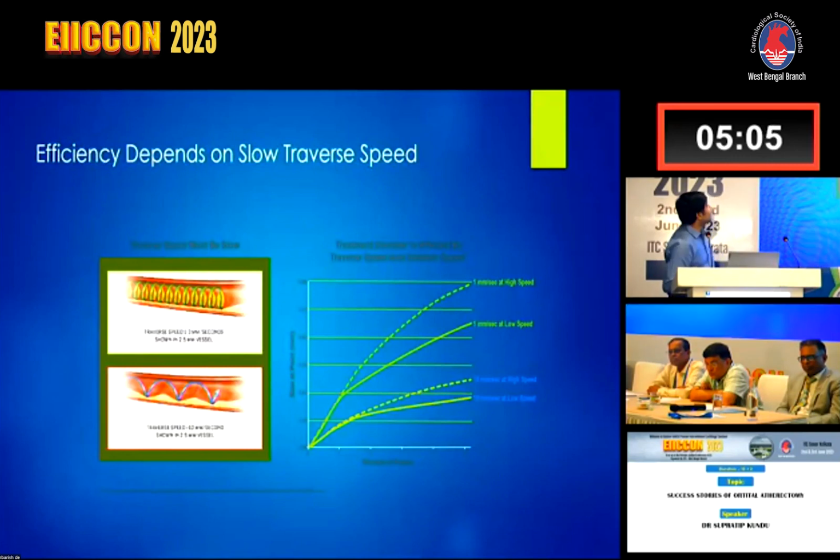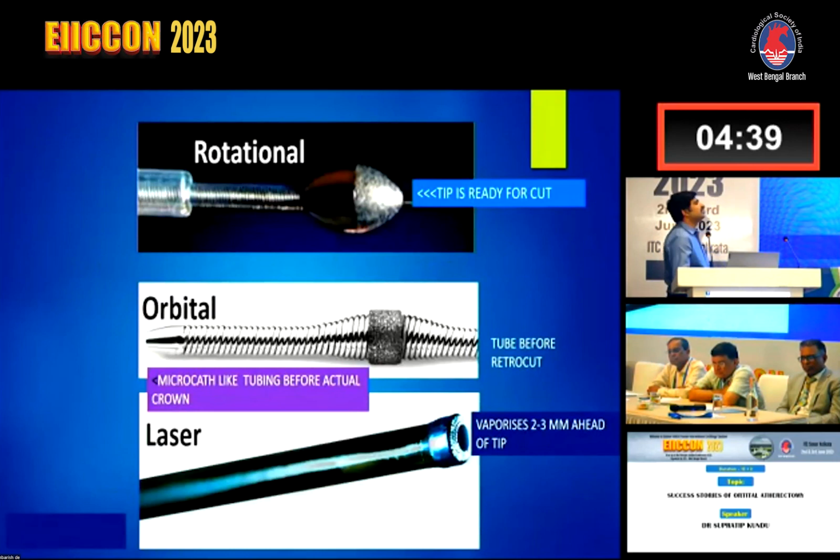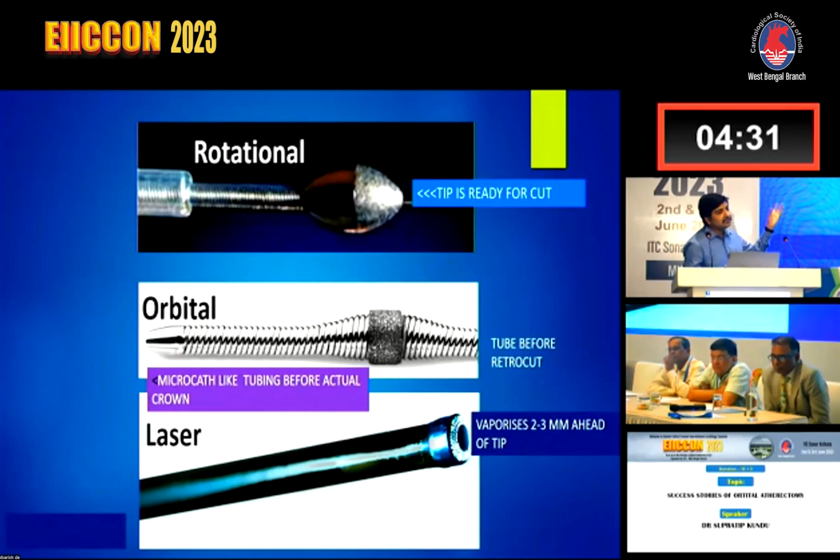The next important principle for orbital atherectomy is you should advance the bar very slowly, because when you are pushing the bar too fast, this is the effect. And this is the ideal longitudinal motion of the orbital bar. So this is basically rota, orbital, and laser. Here, if you see that rota has basically concentric movements, and often it occludes the artery, and that's why the tendency for slow flow or no flow is more.